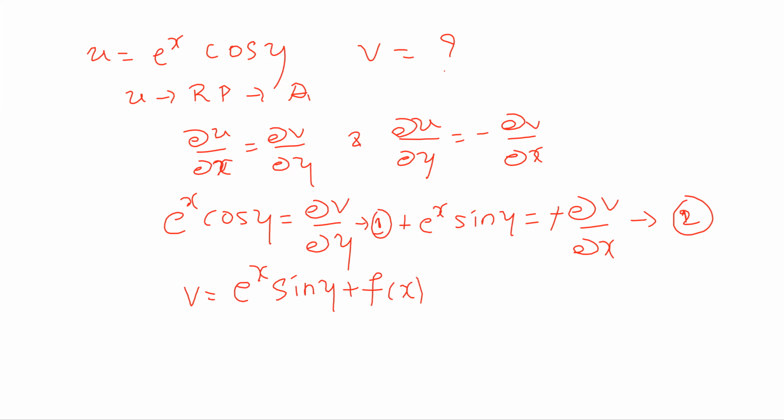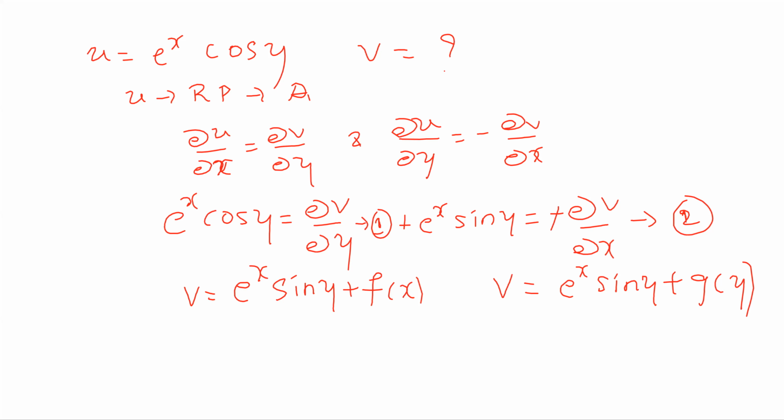Now the second equation you integrate with respect to x. Then v equals e power x sin y plus g of y. Now you equate these two equations to get the functions f of x and g of y. Is there any function of x alone in the second equation, v equals e power x sin y plus g of y?